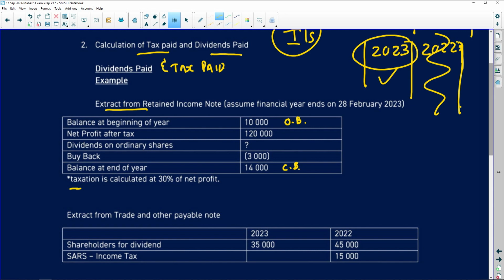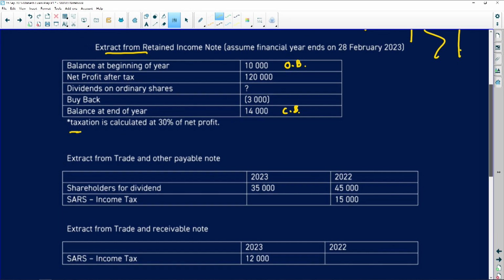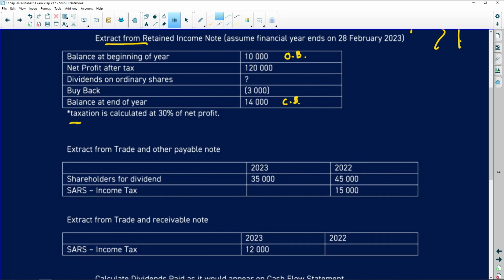Then I've got extracts from the statement of financial position, the balance sheets. I've got trade and other payables, 2023, 2022. So again, this is my opening balance, beginning of the year, right? And 2023 is obviously end of the year, my closing balance.